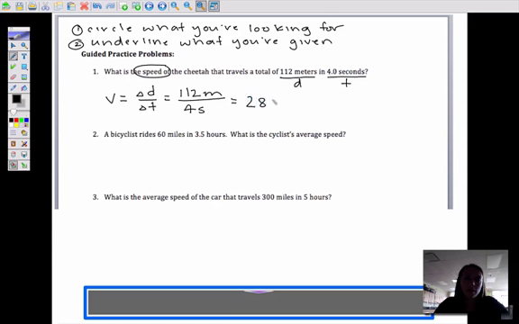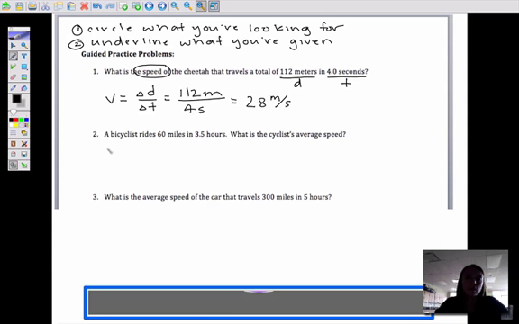Well, what's my unit? If it's a speed, it's going to be distance per time. And our unit for distance in this problem was meters per, or divided by, and our time unit was seconds. So our answer for the speed of the cheetah was 28 meters per second.